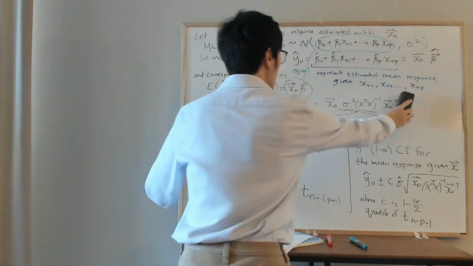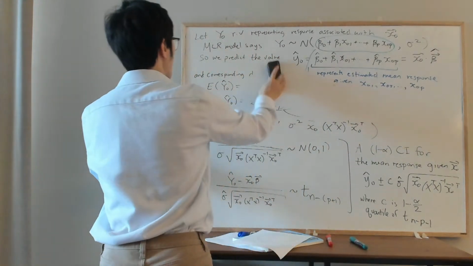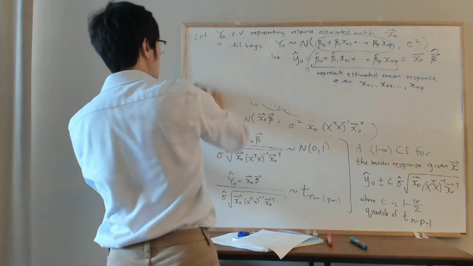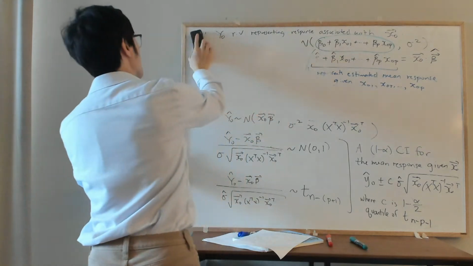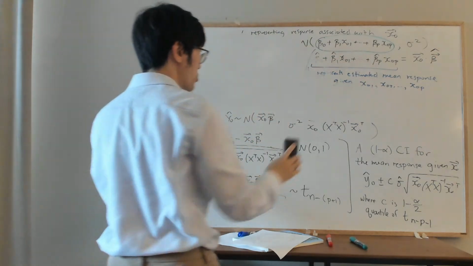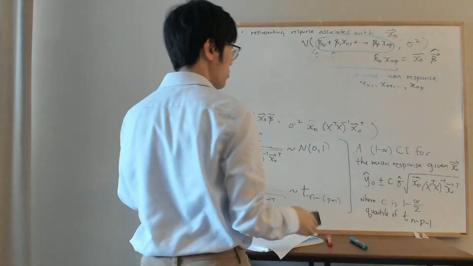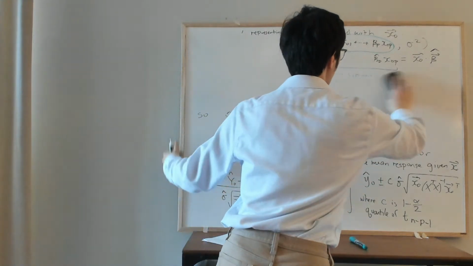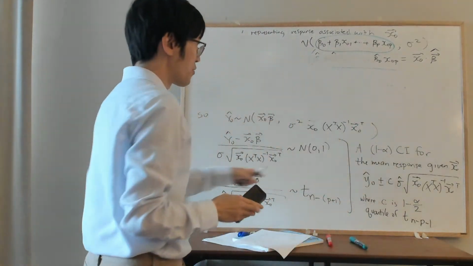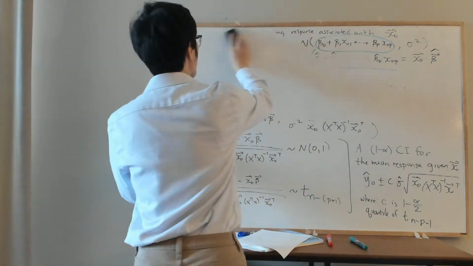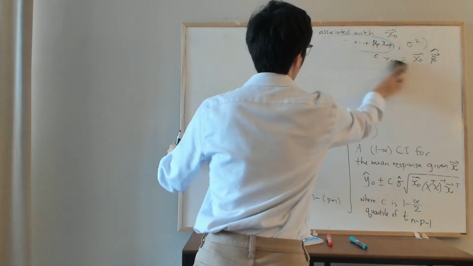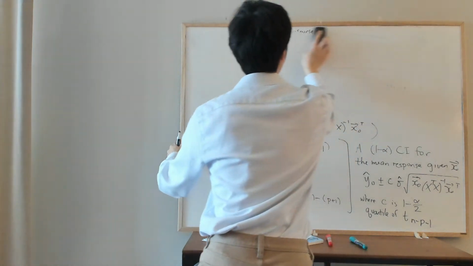Okay, so we're almost there. We just now need to do something pretty similar to what we did for simple linear regression to get the prediction interval. The reason I'm writing it separately is I want to emphasize that this confidence interval for the mean response is different from the prediction interval for the value y0.